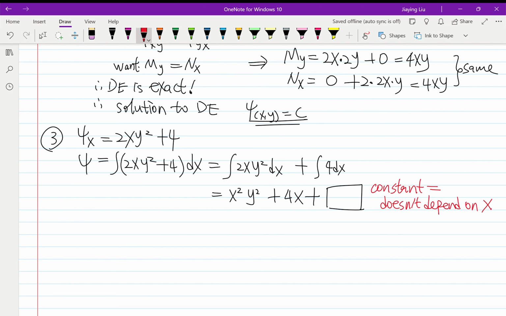We don't know. It may not depend on y, but it could. It just doesn't depend on x. So that constant, instead of using a c, you can use c of y or h of y, doesn't matter, something to show that it might depend on y.